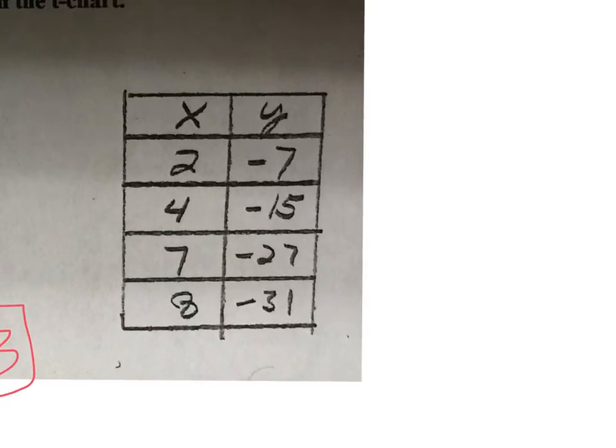You could say, all right, we're going from negative 7 to negative 15. That's negative 8. And then here, you can see you're going from 7 to 8. That's negative 4. That's going up by 1. So for every 1, it's negative 4. This one's 2, so you cut that in half. That's negative 4.